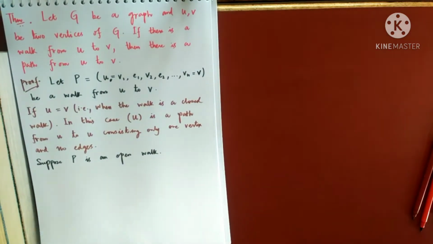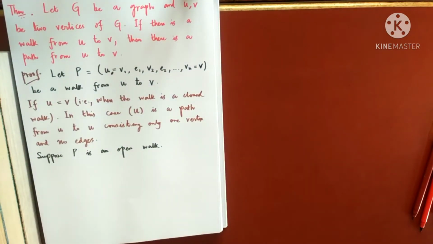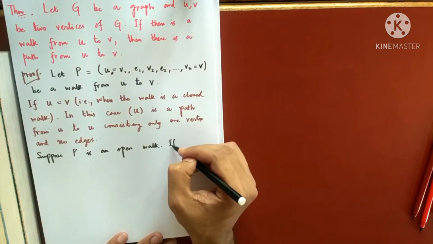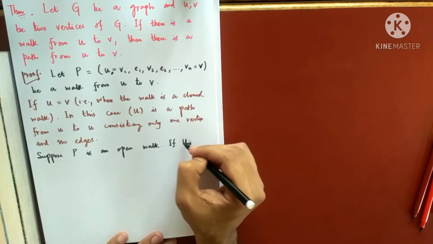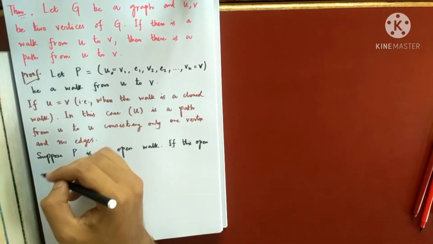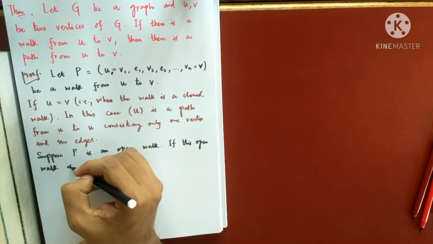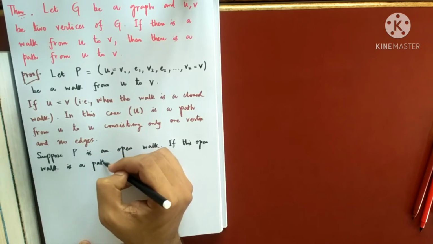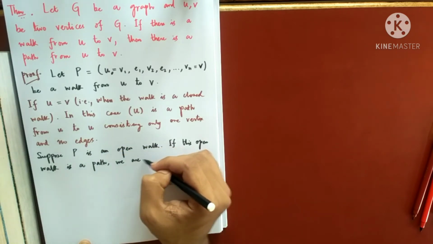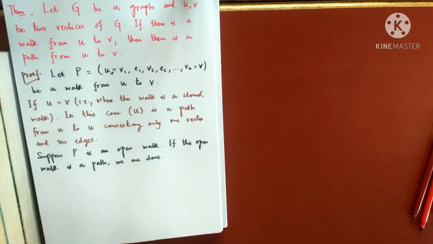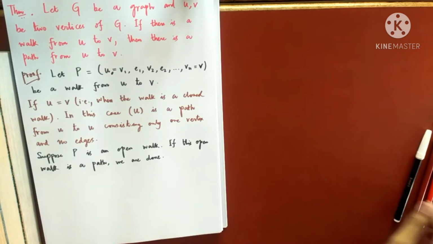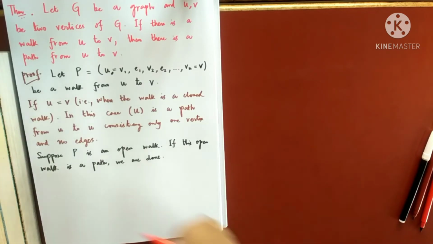So consider P is an open walk. Okay. So if this open walk is a path, we are done. Because if that is already a path, we don't have to do anything, the proof is complete. Now suppose P is not a path, right?